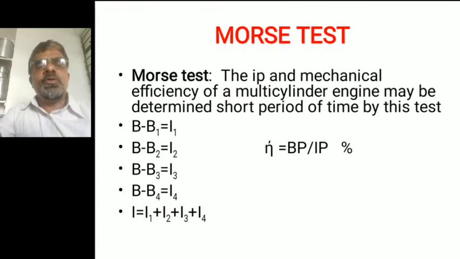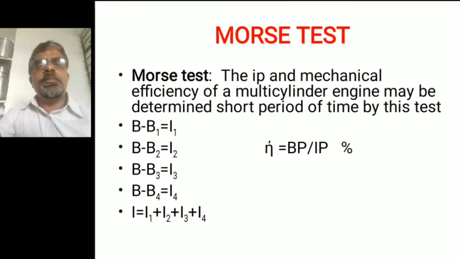Now first of all, consider a 4-cylinder engine. Let I be equal to IP of the engine and B be equal to BP of the engine. I1, I2, I3 and I4 are the IP of the engine when cylinder number 1, 2, 3 and 4 are rendered inoperative respectively.